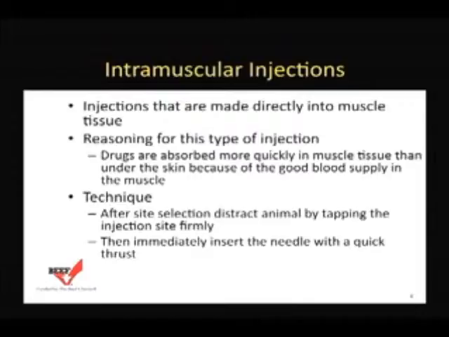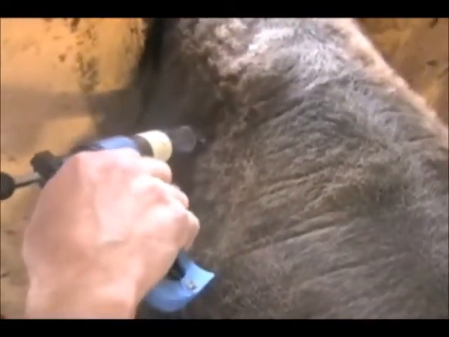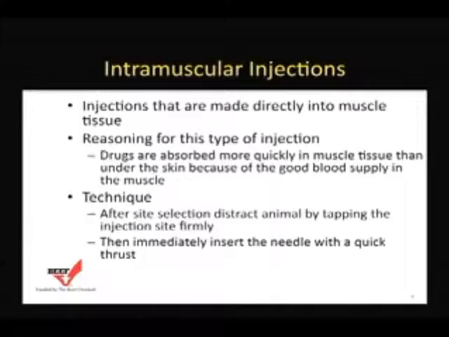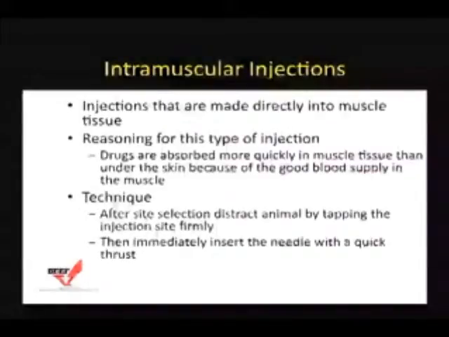One is by distracting the animal by tapping on the neck and then giving the injection into the muscular region. For IM injections, the needle should enter the muscle nearly perpendicular to the neck, then dispense the product. The other, you can go immediately in with the needle with a quick thrust into the muscle to deposit whatever you may be depositing, vaccine or antibiotic.